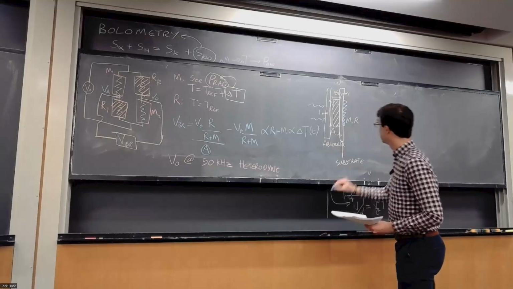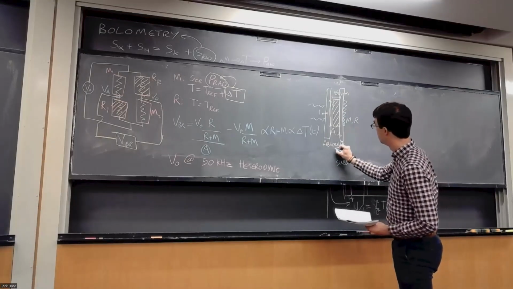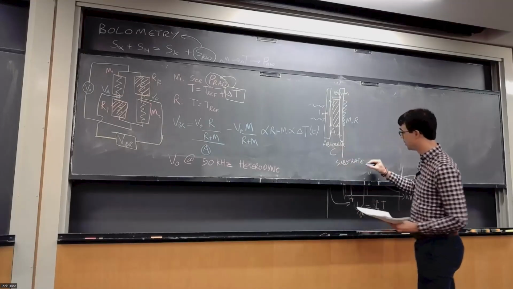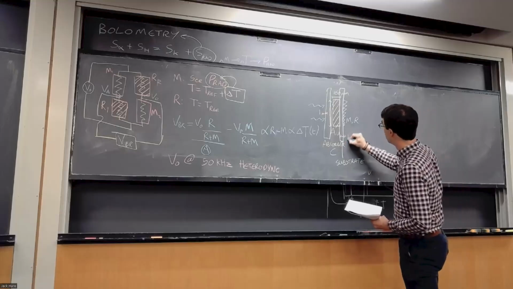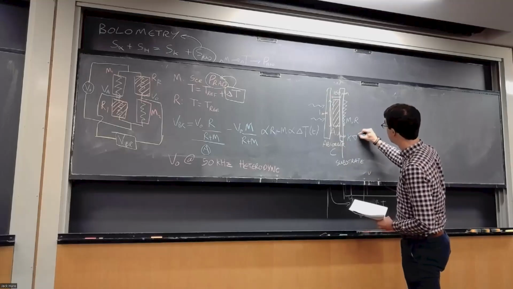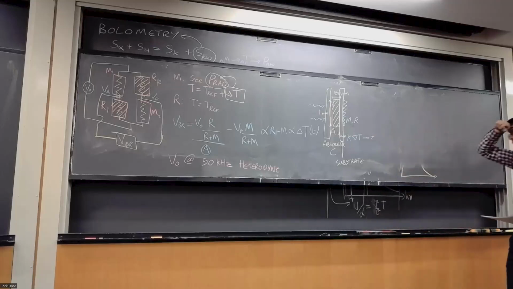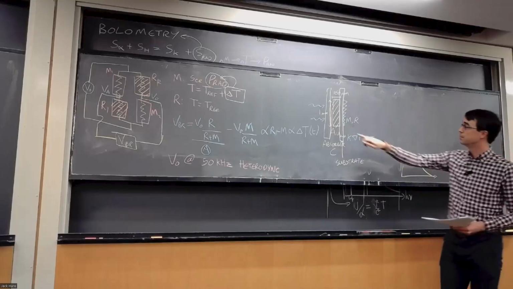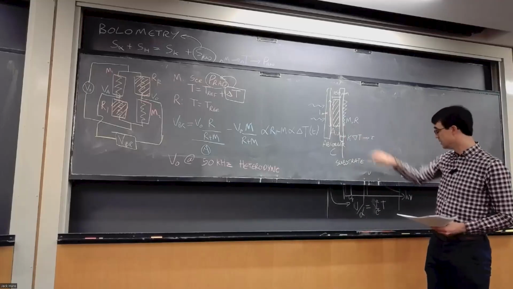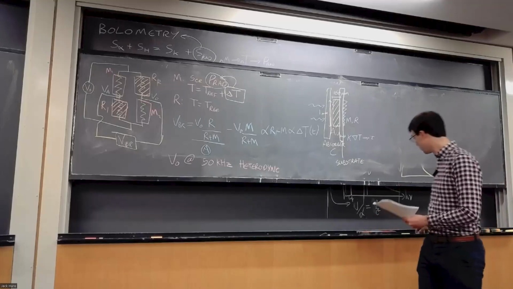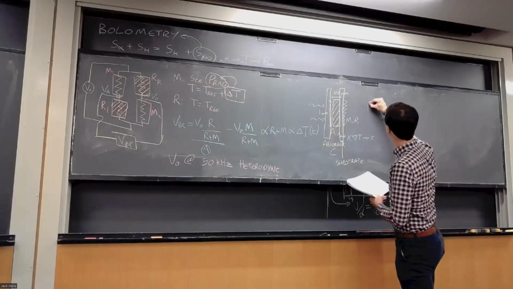It's the heat capacity of the absorber, C, that goes into our previous equation, and it's the heat transport kappa grad T that gives us the time constant for thermal conduction through the substrate from the absorber to the resistor. And I'll just write that equation again because it's disappeared now.